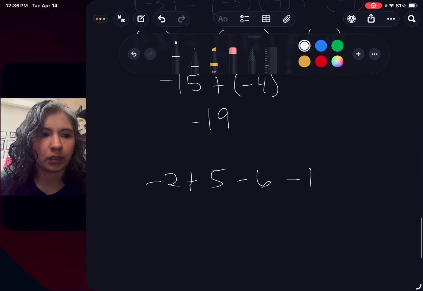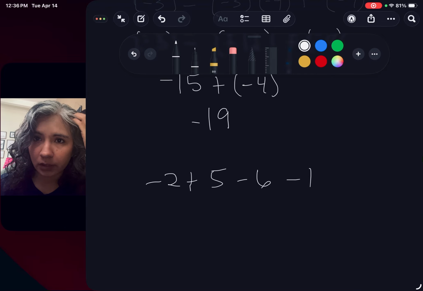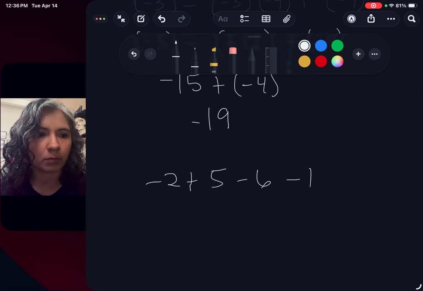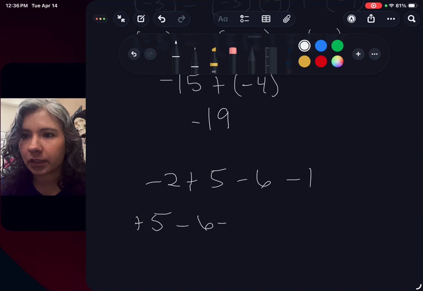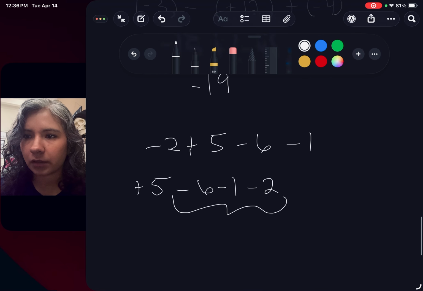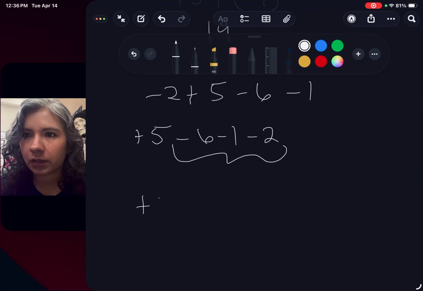Or we can use the associative and commutative properties to rearrange. And we can do plus 5 minus 6 minus 1 minus 2, put all of these together, which is plus 5 minus 6, 7, 8, 9.